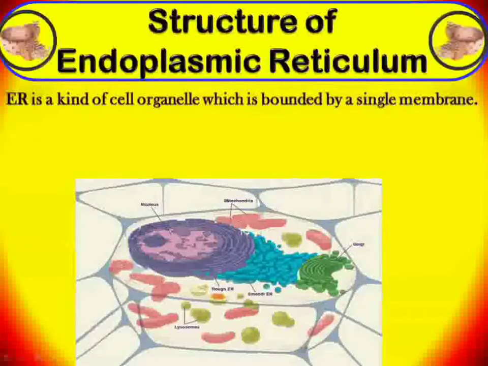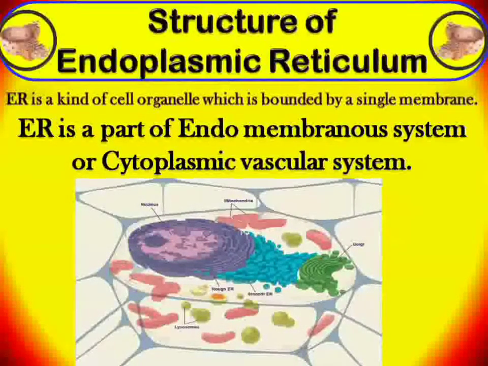You know, mitochondria and chloroplasts, these two organelles are bounded by two membranes. So the outer covering of mitochondria or chloroplast contains two membranes. But here our endoplasmic reticulum is bounded by a single membrane only.